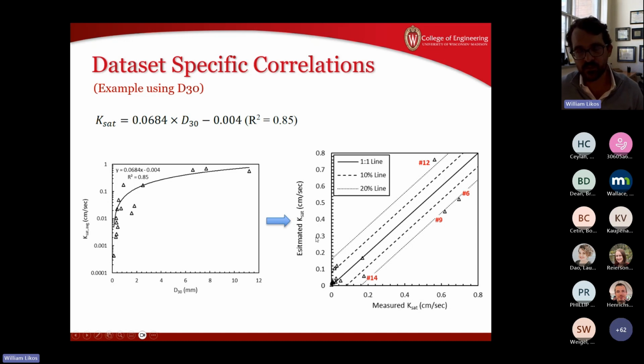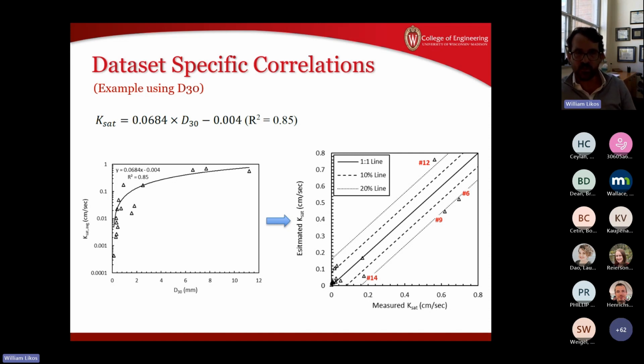On the plot on the right is a comparison between measured saturated hydraulic conductivity and a value that we would estimate using that correlation. So the bold line running diagonal is a perfect correlation, and then the two dashed lines are within 10% and 20%.